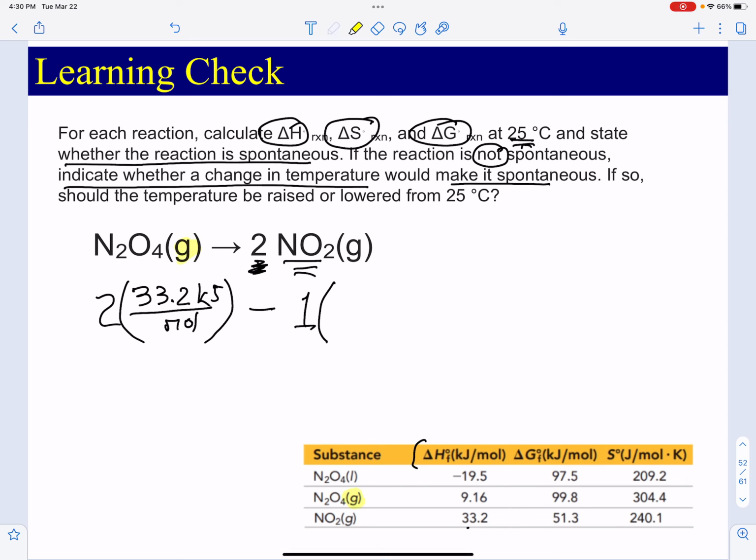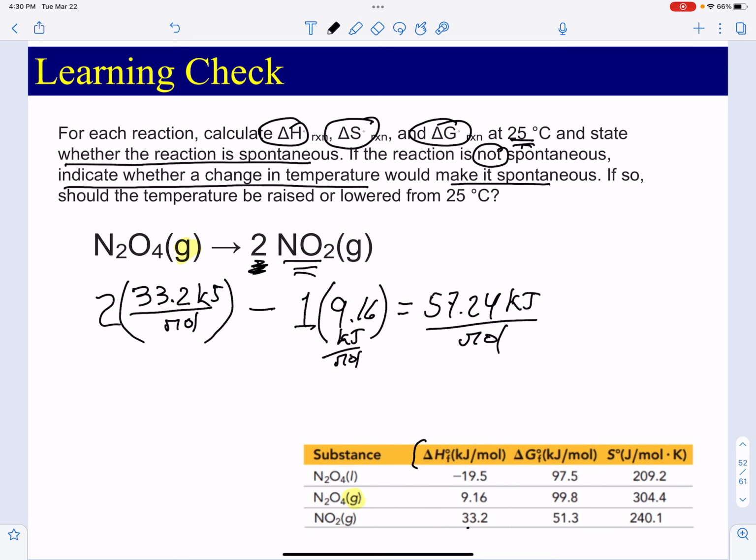9.16. So our delta H is going to be 2 times 33.2 minus 1 times 9.16, which is going to be 57.24. These are kilojoules per mole, and these are kilojoules per mole.